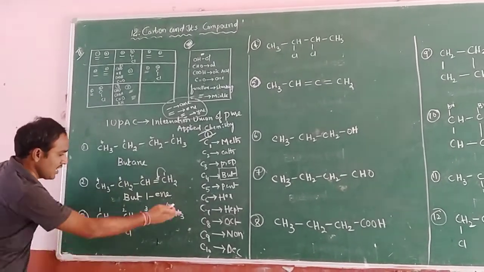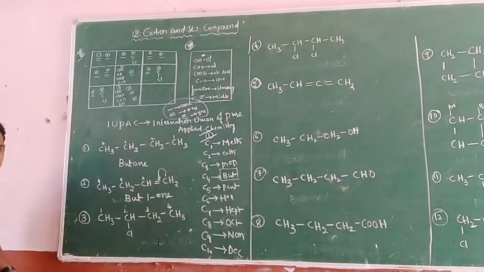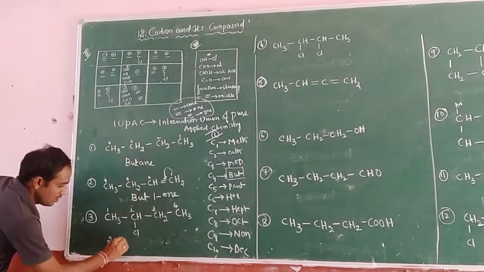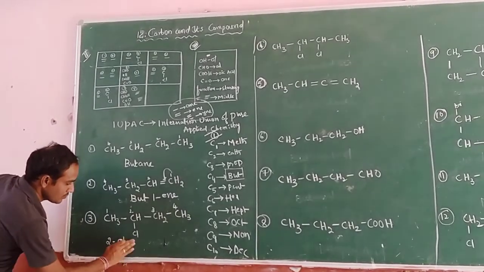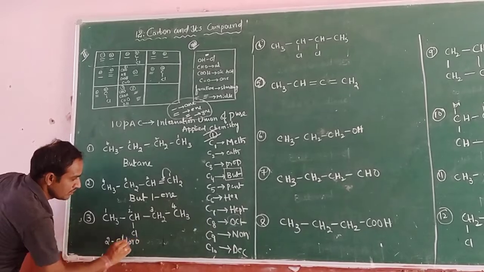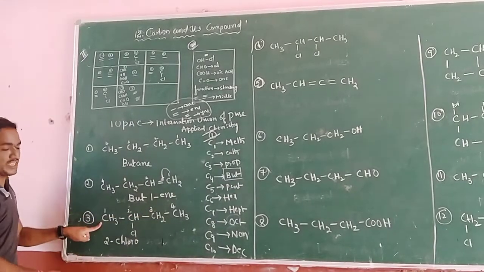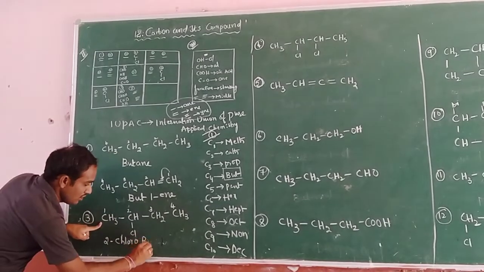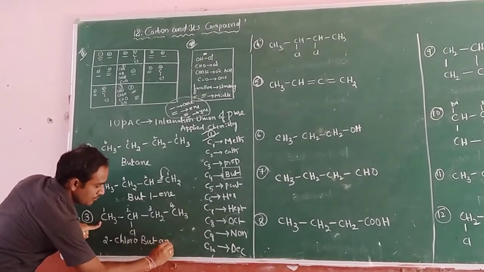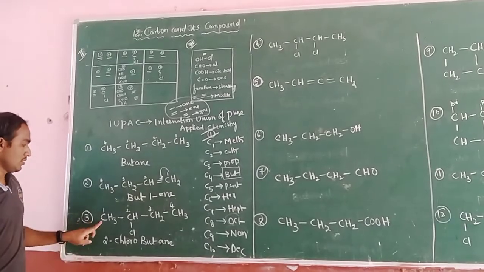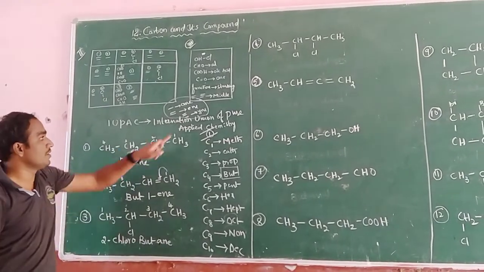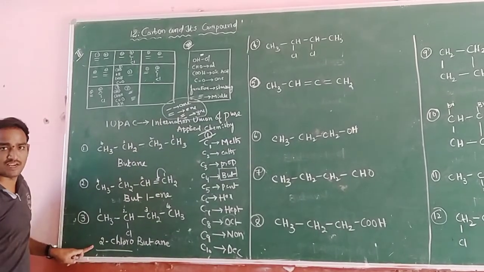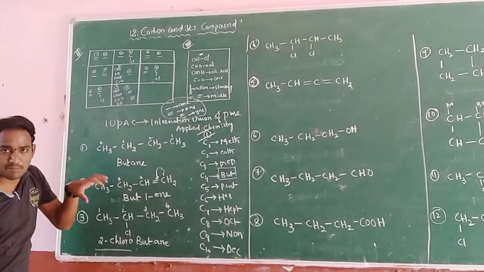So what is the IUPAC system name of this chemical compound? That is second, 2-chloro, carbon single bond, A. Number of how many carbons? 4. That is bute. A. So if it is a functional group, it will be written at the start, 2-chloro, always in a chemical compound.